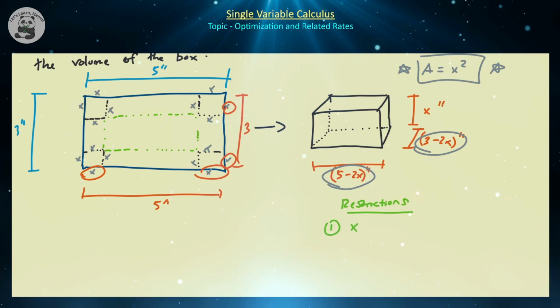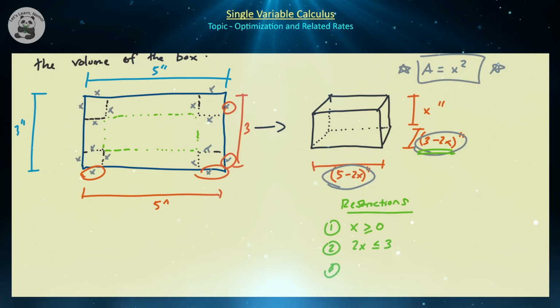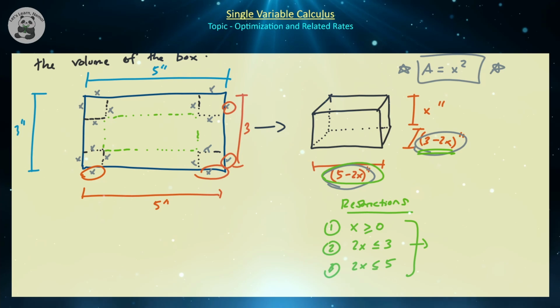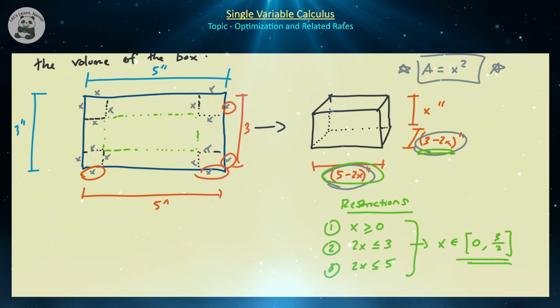So first, x must be greater than or equal to 0. 2x must be less than or equal to 3, right? Because 3 minus 2x must be greater than or equal to 0. And also 2x must be less than or equal to 5, right? Because 5 minus 2x must be greater than or equal to 0. So if we combine all three of these together and look at their overlap, that means x must be a number between 0 and 3/2. Right, so that's the domain for our particular problem.